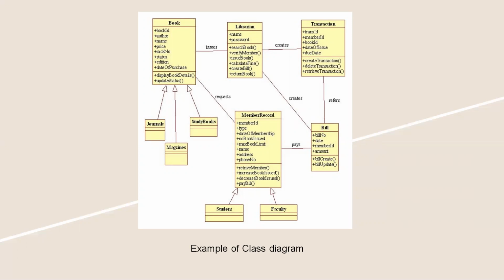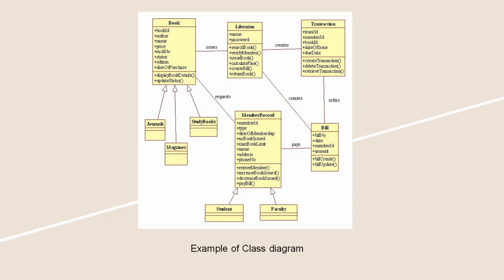These are the attributes of the book. Same as librarian has two attributes like name and password. The second partition belongs to the attributes, and the third one is the operations. The third partition shows the operations of the particular class, like display book details and update status.